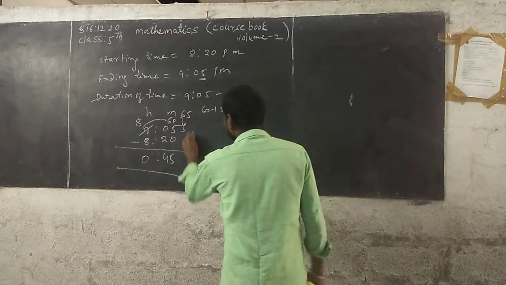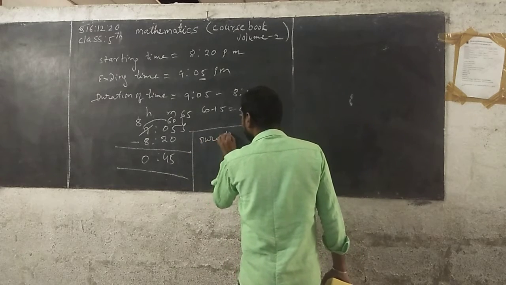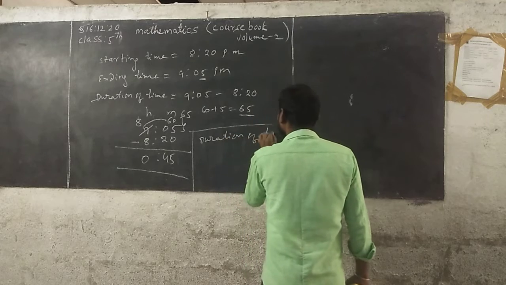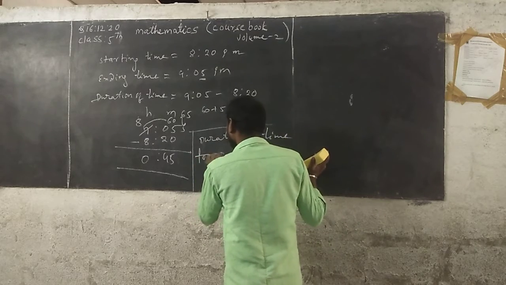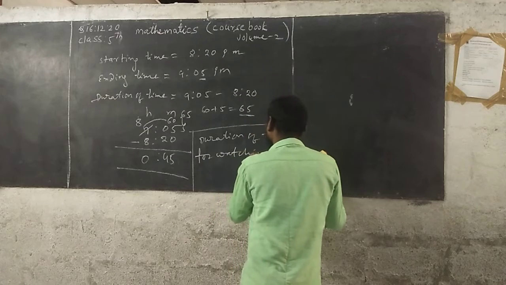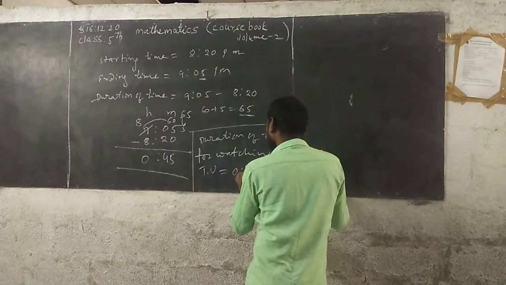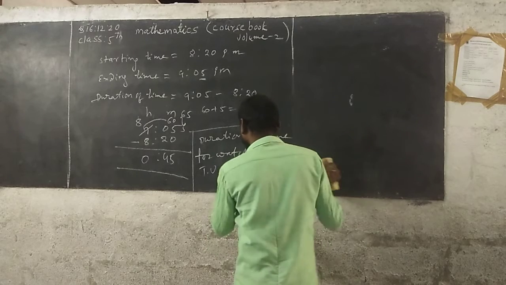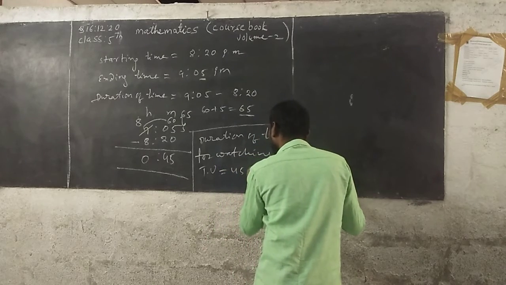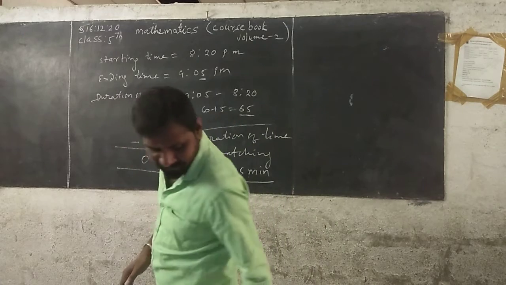So the duration of time, the time for watching TV, equals 0:45, which can be written as 45 minutes. Write down everybody.